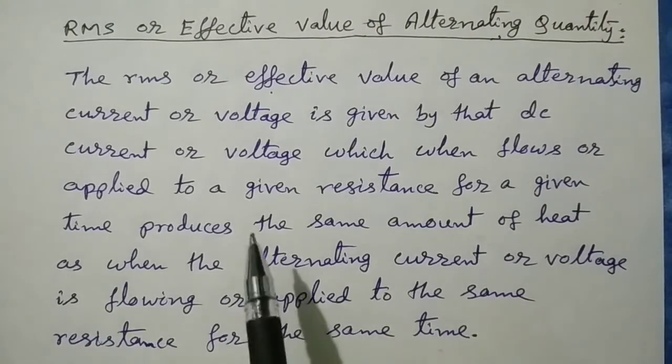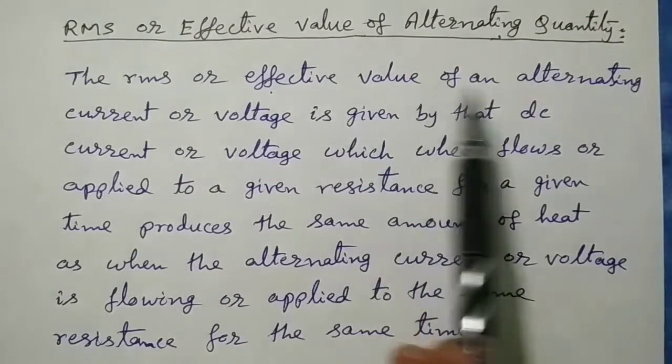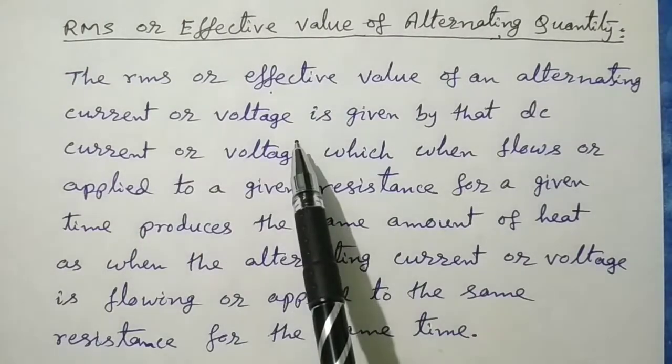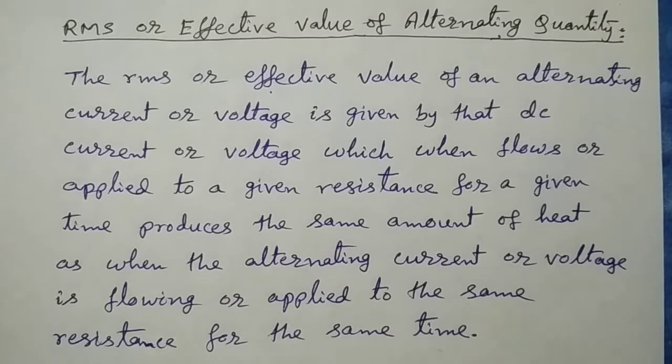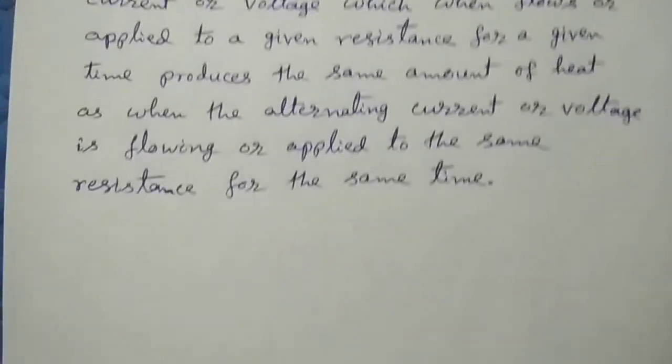It means the RMS or effective value of an alternating current or voltage is the DC equivalent which produces the same amount of energy in the same circuit element within the same time duration. So let's discuss in detail.